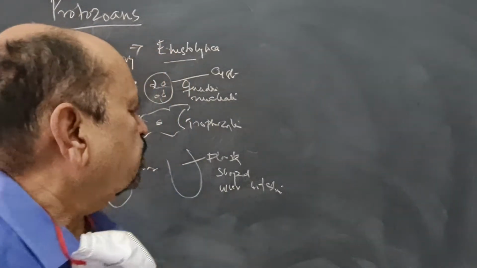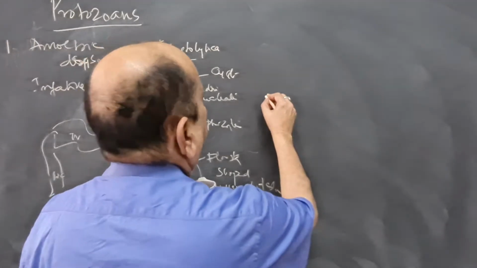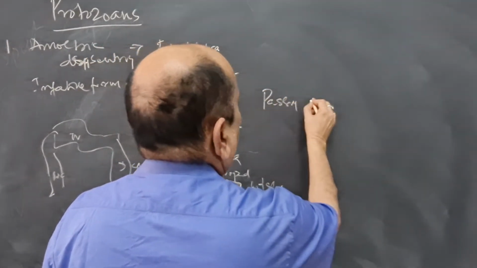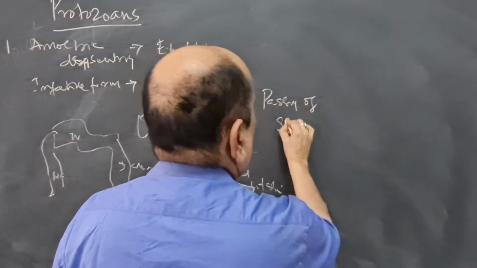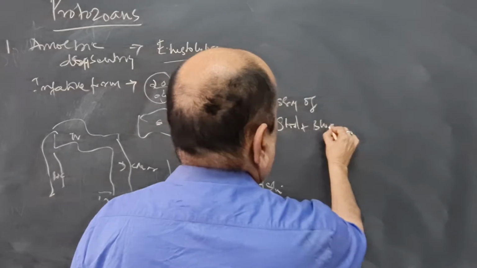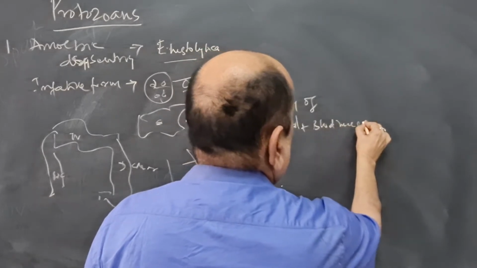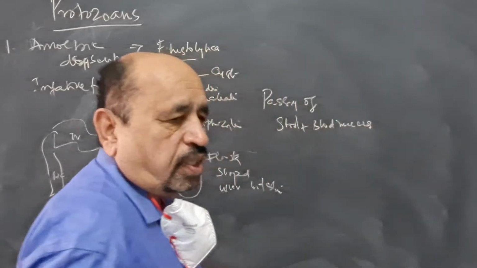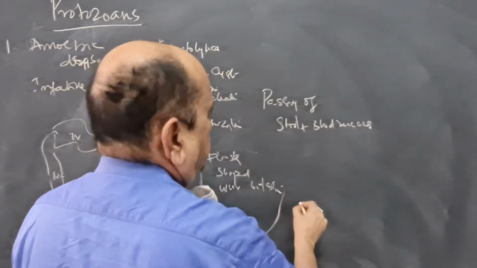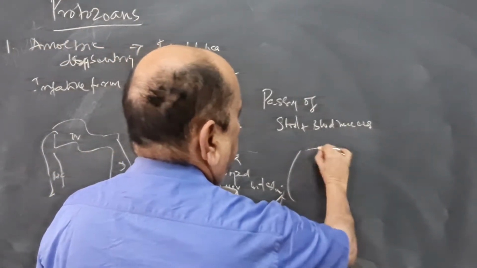It gives rise to passing of stool with blood and mucus. Through the portal vein, these enter the liver.